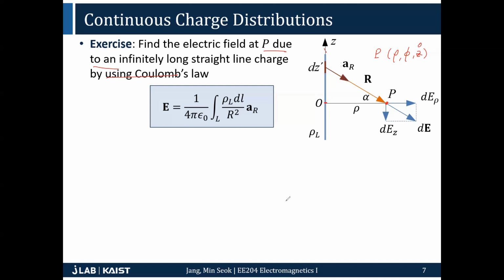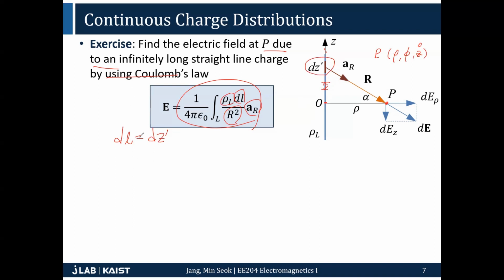So how do we solve these problems? Well, all we need to do is pretty simple. We need to just write these quantities in terms of the coordinate variables and other given numbers. Let's first do dl. dl is the infinitesimal line segment of this line charge, and we call this dz prime, as you saw here.